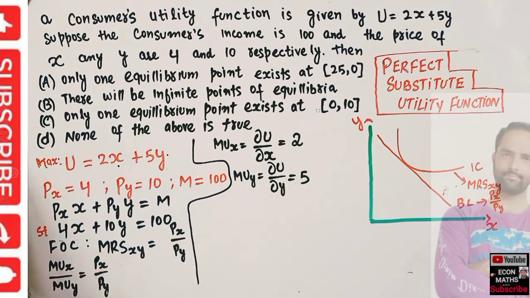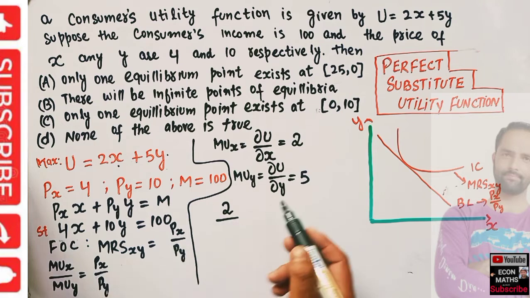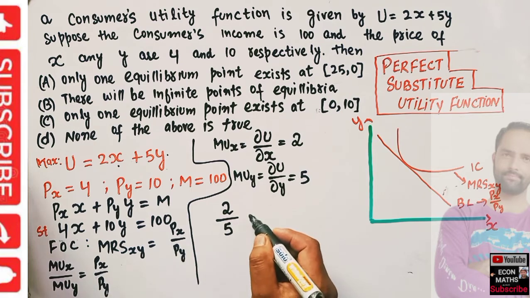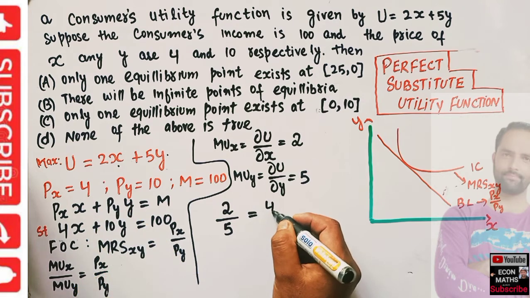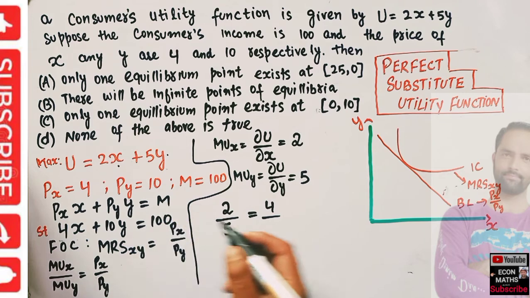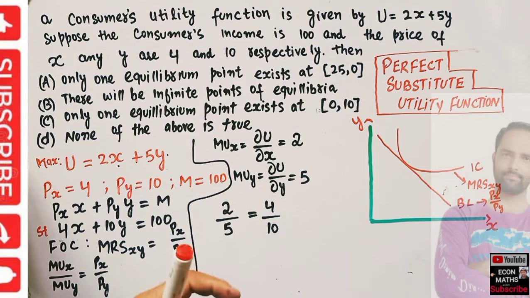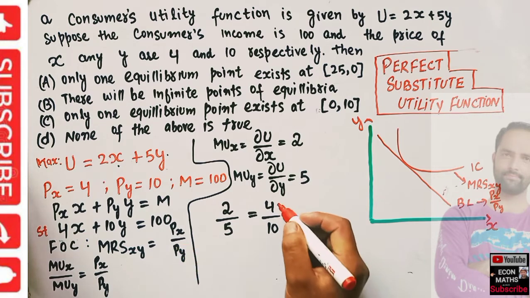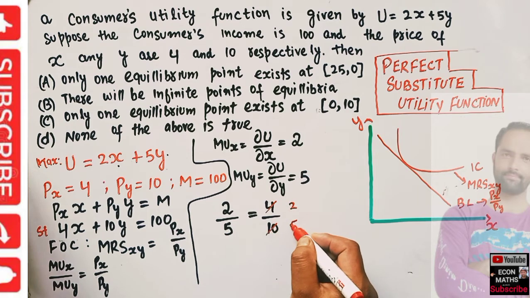Now let's use this tangency condition. Marginal utility of good x we got 2, upon marginal utility of good y we got 5, should be equal to the price of good x, which is 4, upon the price of good y, which is 10. And 2 by 5 is actually equal to 4 upon 10, because 2 twos are 4, 2 fives are 10.